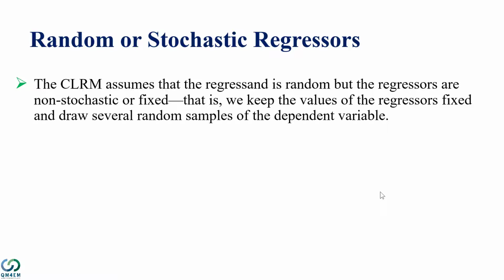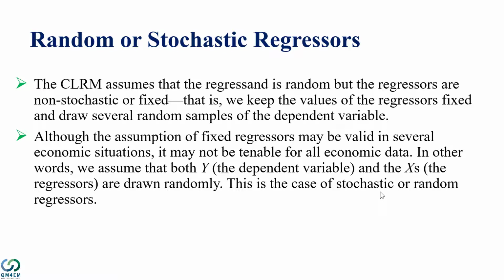So this implies that we observe a random sample of the dependent variable for a given fixed value of the x variable. This assumption of fixed values of x does hold for a number of economic situations, however it does not hold true for all kinds of economic data. In other words, we have both the dependent and independent variables drawn randomly from the population. So this is the case of stochastic or random regressors.